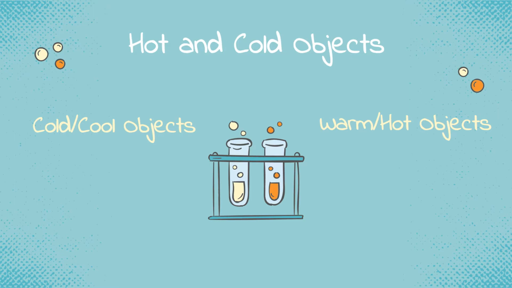Alrighty. So the cold or the cool objects of the ones we decided were ice cream, fruit juice, and snow. And the warm or hot objects that we discussed in the previous slide were the spoon in a teacup, the handle of a frying pan, and, well, fire.